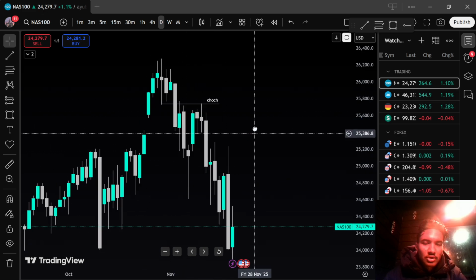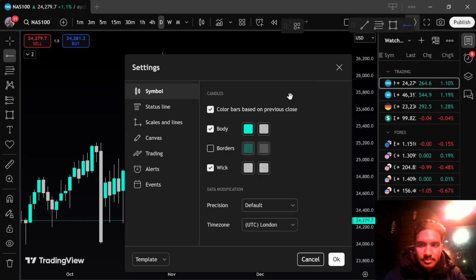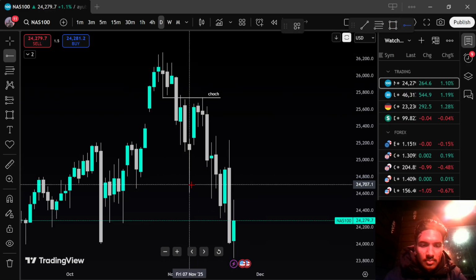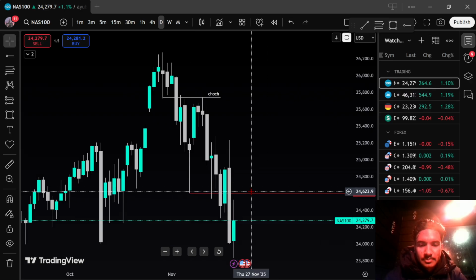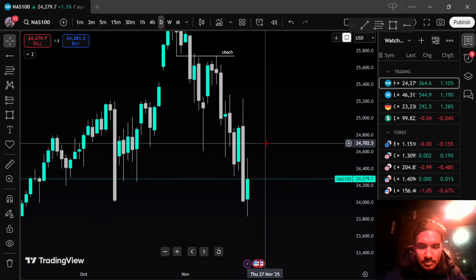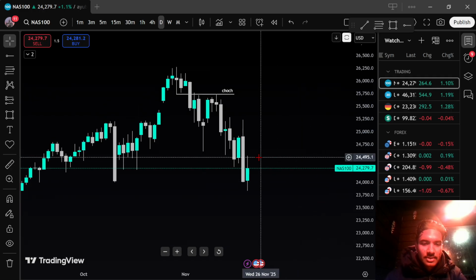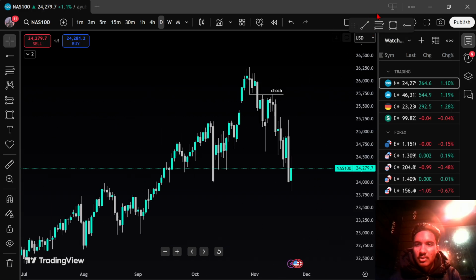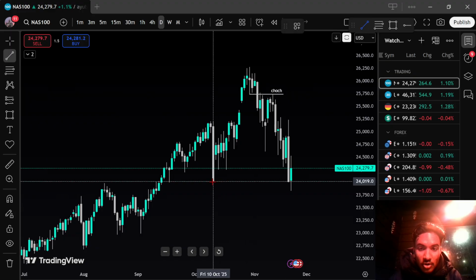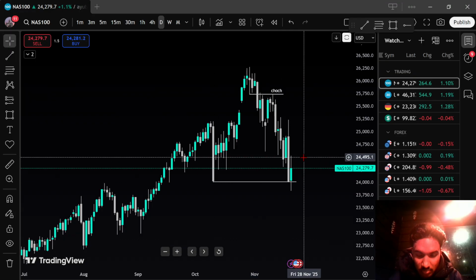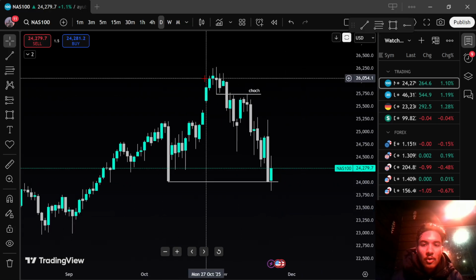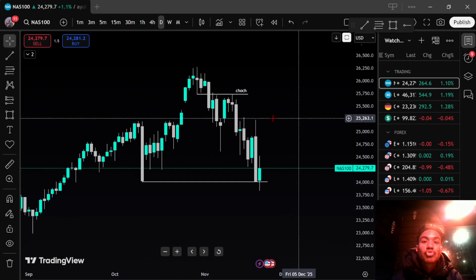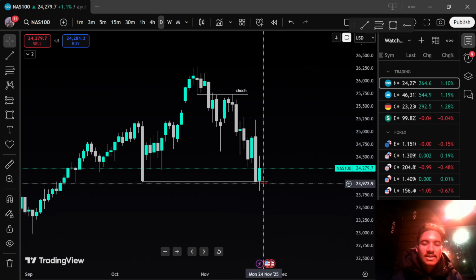So where would the next draw on liquidity be? Right there, this next low. Let's say for this example, a longs example, it came all the way down to this draw, took it, induced it, and now what's our next draw? What do you guys think our next draw is?